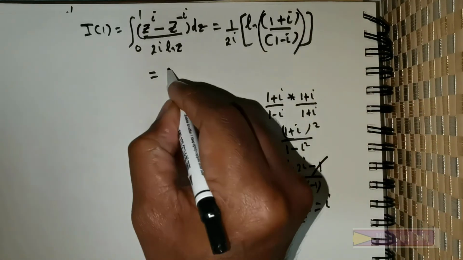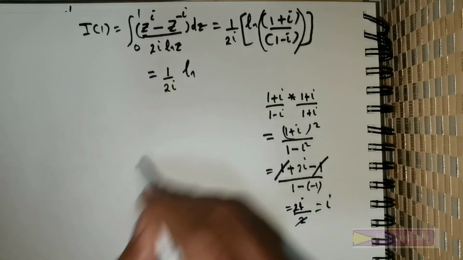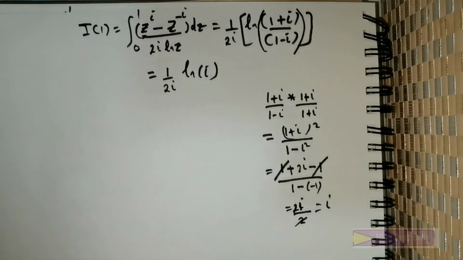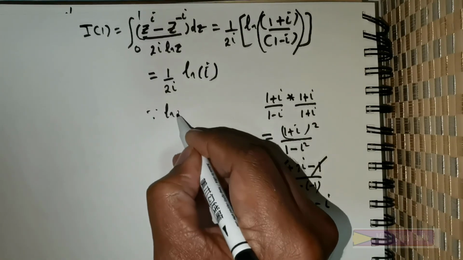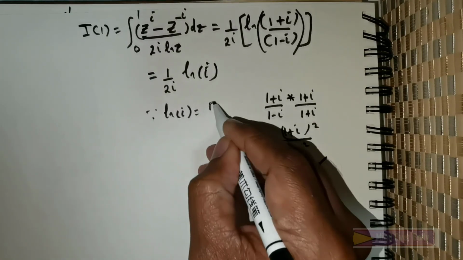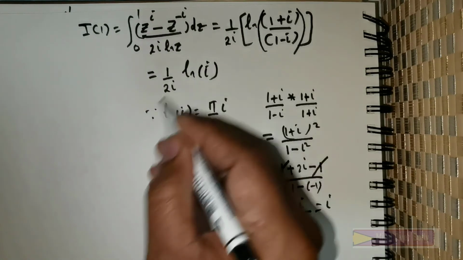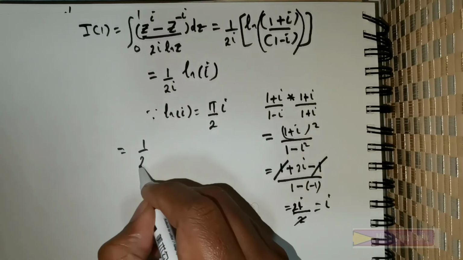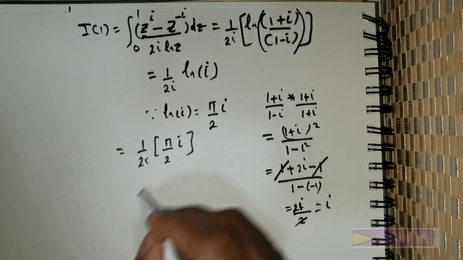This can be rewritten as 1 over 2i ln of i. Okay, now ln of i has a value of pi over 2 times i. So if I substitute that, that's going to be 1 over 2i times pi over 2 times i.